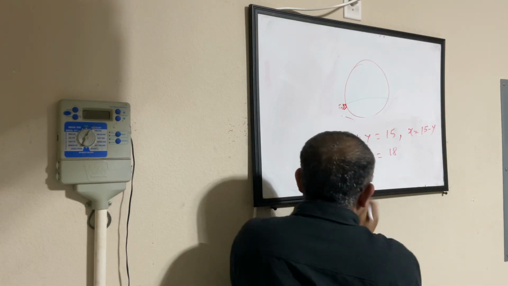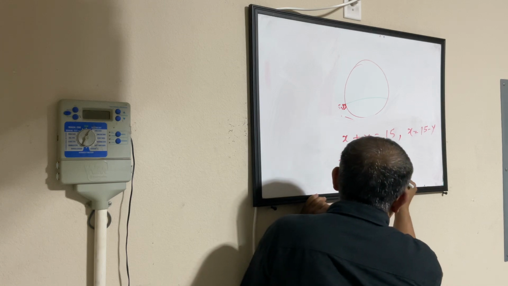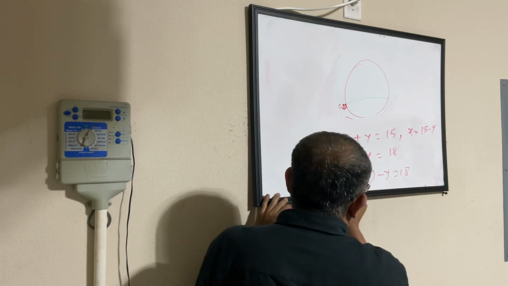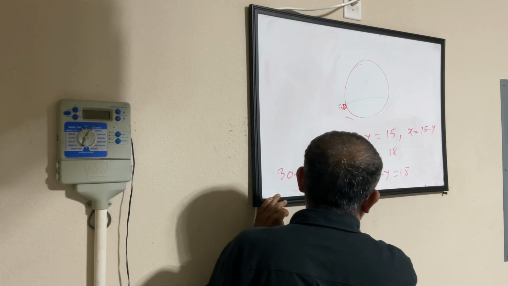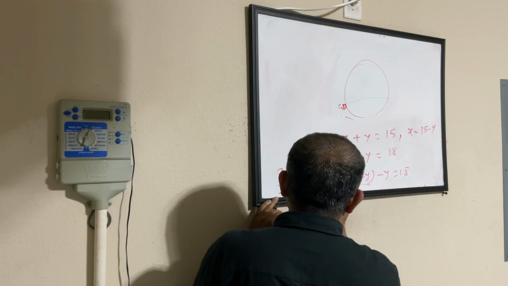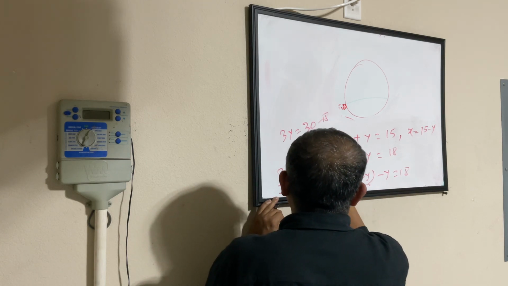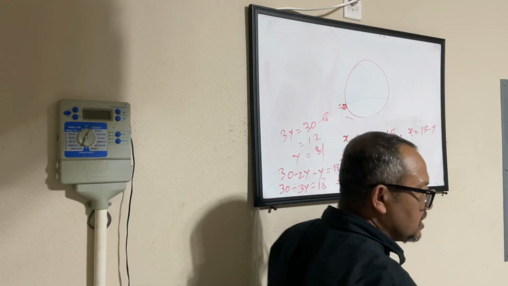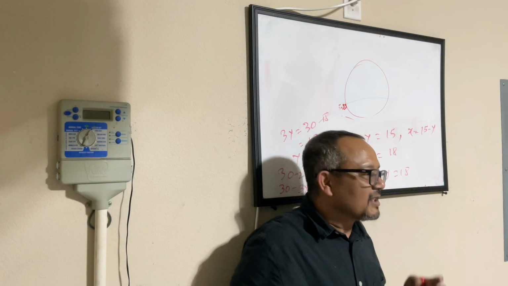I substitute this value here. 2 times x is 15 minus y equal to 80. And I got 30 minus 2y minus y equal to 18. That means 30 minus 3y equal to 18, or 3y equal to 30 minus 18, or 12, y equal to 4. See how quick I am. That is not important for you.